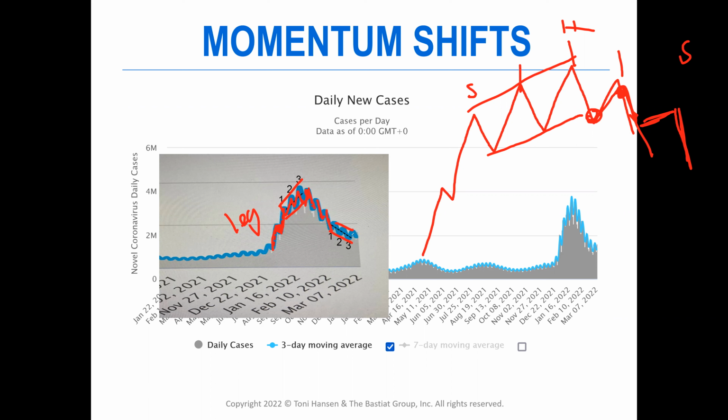Now, in a market where things are kind of dying out, what you would often have is a little bit of a channel break here. And then this would shift momentum again. So you would have this as your first move, second move, and then it would continue to come in here. And you'll get occasional spikes that will happen.